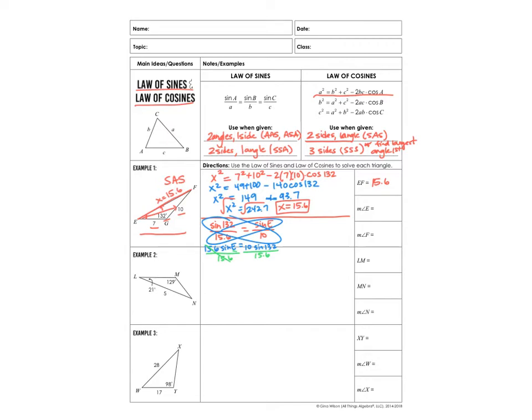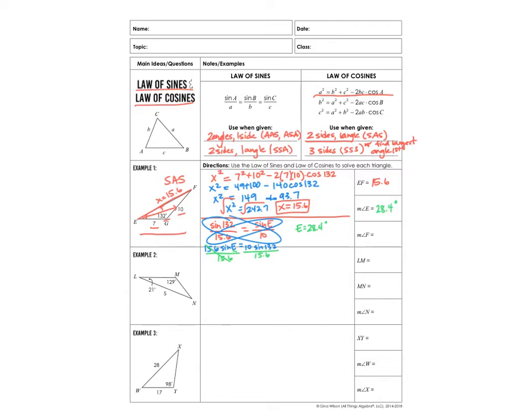So shift sine, in parentheses, 10 times the sine of 132 divided by 15.6. That's going to give you 28.4. So E equals 28.4 degrees.